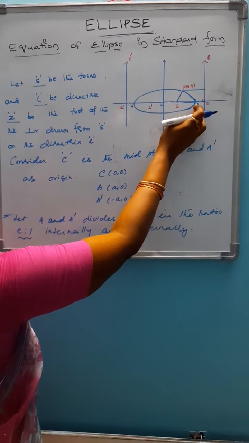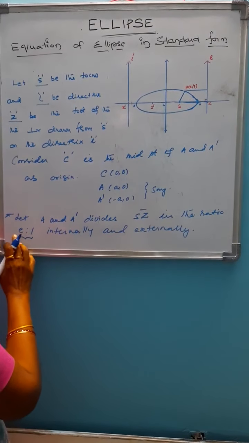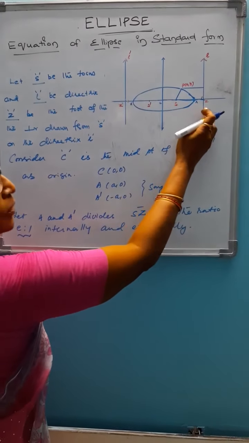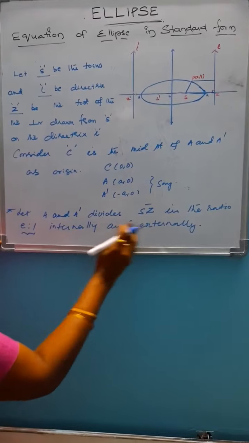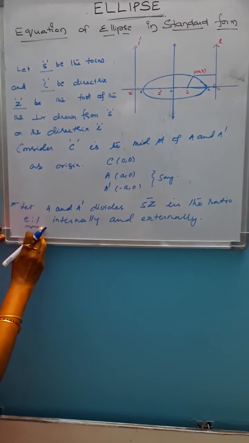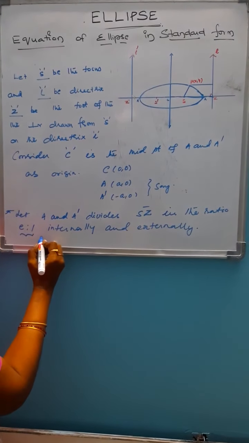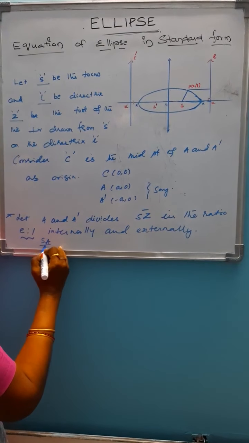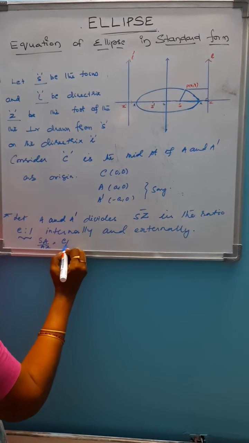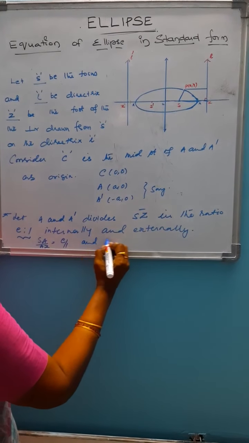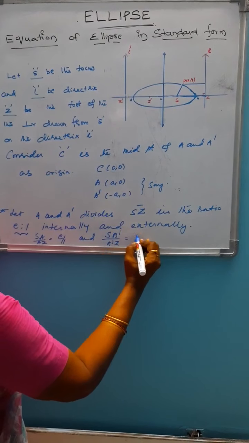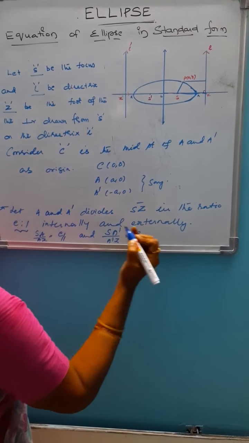So A divides SZ internally in E is to 1 and A dash also divides SZ externally in E is to 1. That is, SA by AZ is equal to E by 1 and SA dash by A dash Z is equal to E by 1.